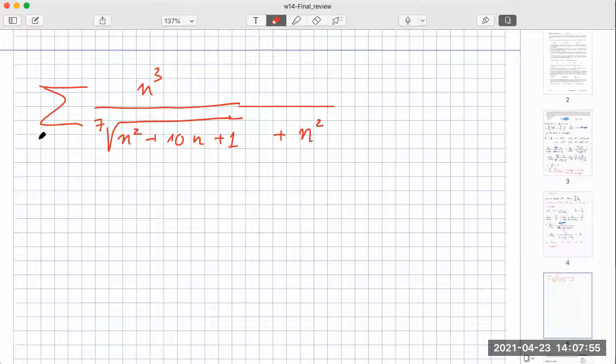What do we do? It looks very complicated, right?